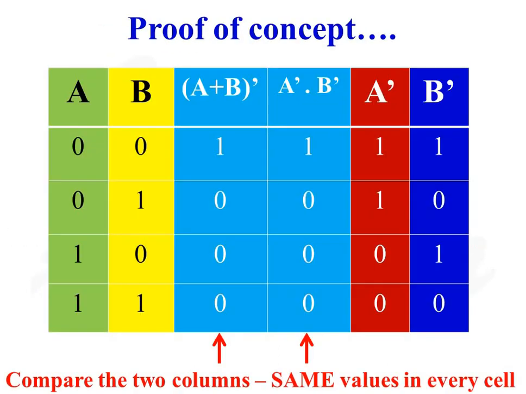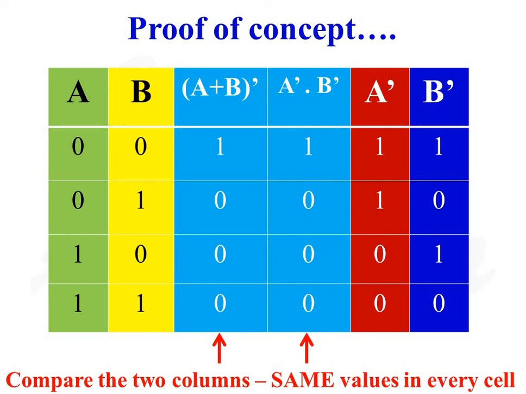Now the proof of concept. Again we will consider a two variable truth table. A and B are the two variables, and 0 0, 0 1, 1 0 and 1 1 are the four input combinations.